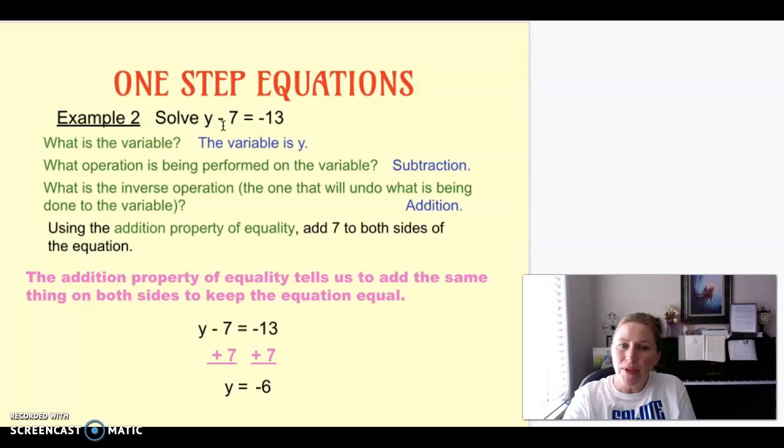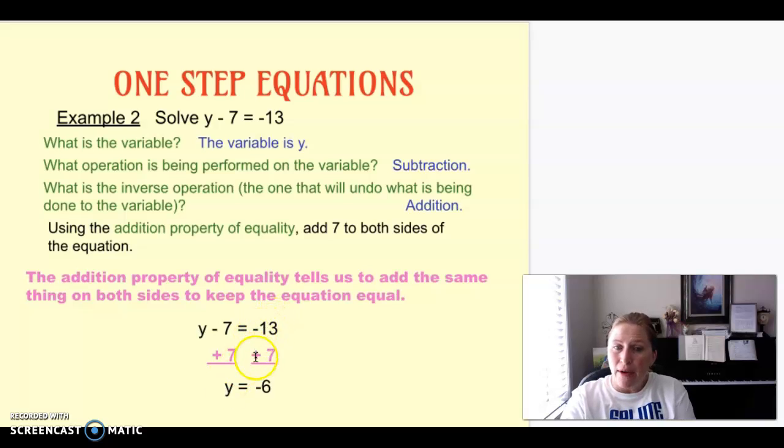What's the opposite of subtraction? The opposite is addition. So I'm going to add 7 to both sides. Minus 7 plus 7 is 0. You owe me $7, you give me $7, we're square. So that's 0, and all I have left is y.